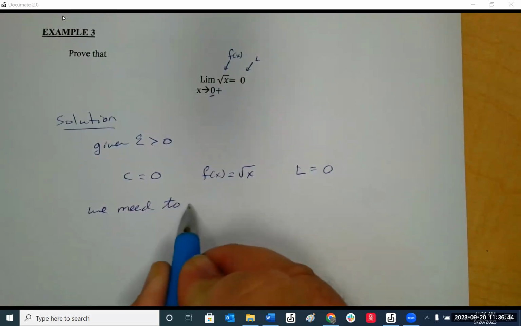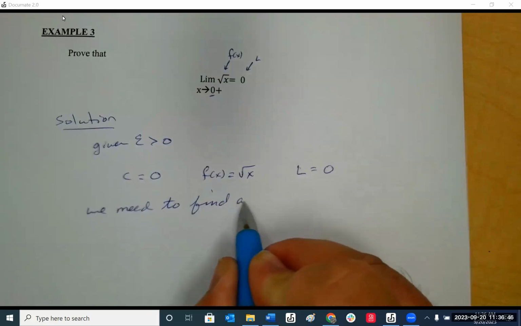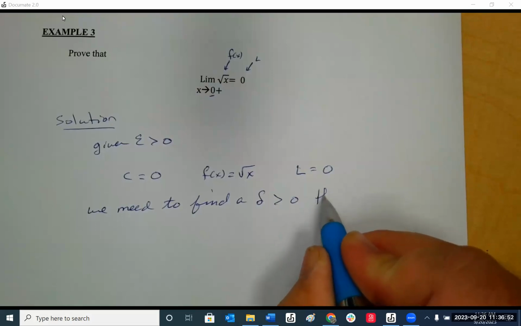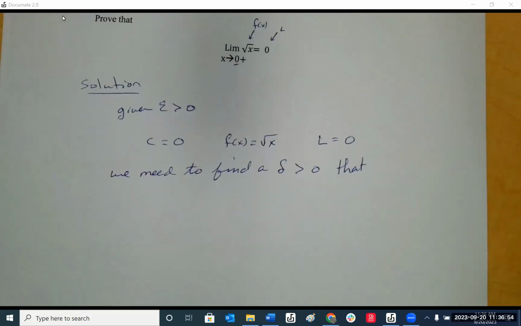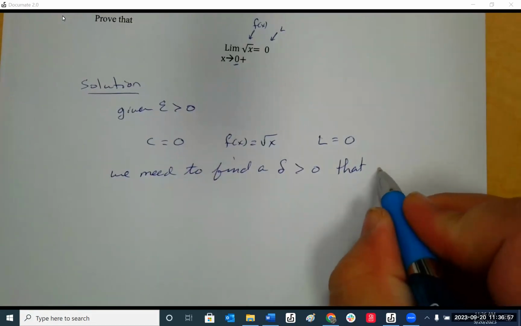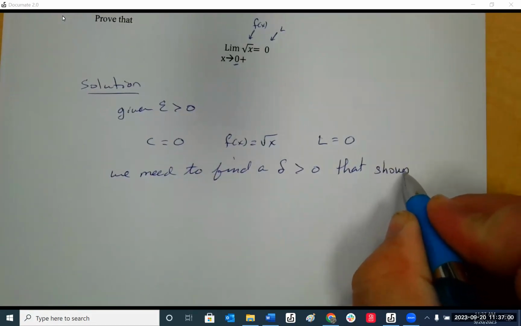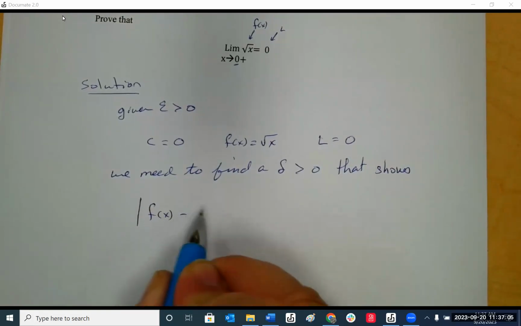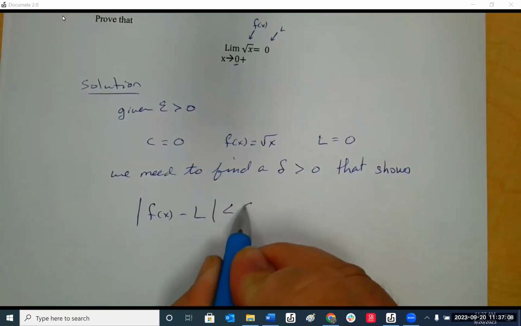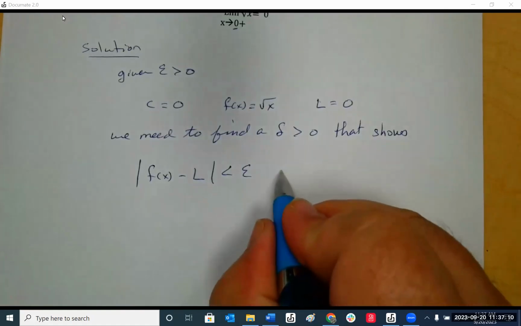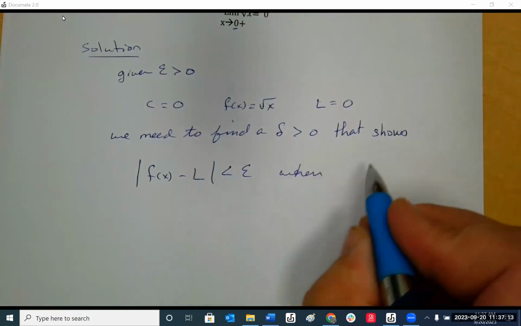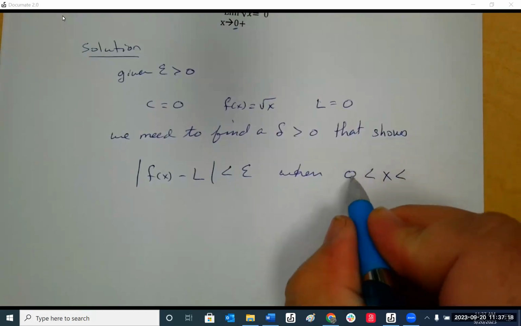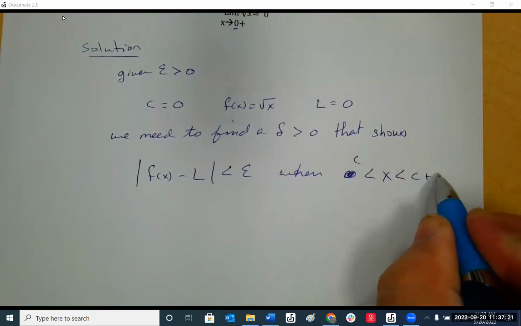We need to find a delta greater than 0 that proves that our |f(x) - L| is less than epsilon when x is in c plus delta.